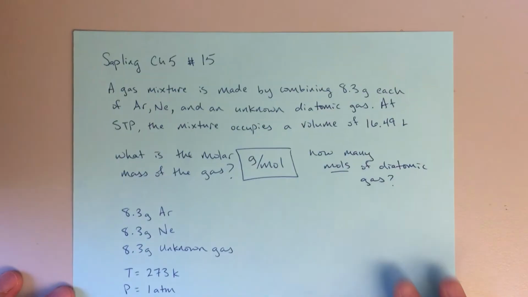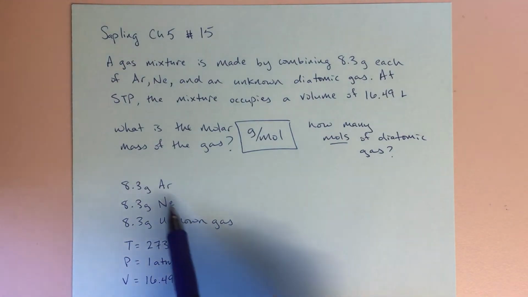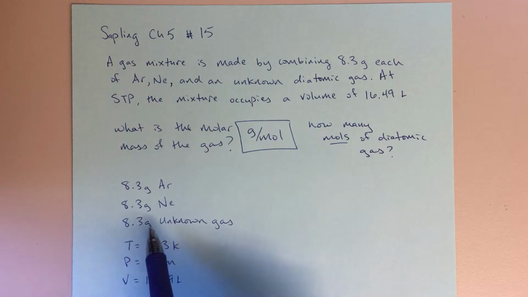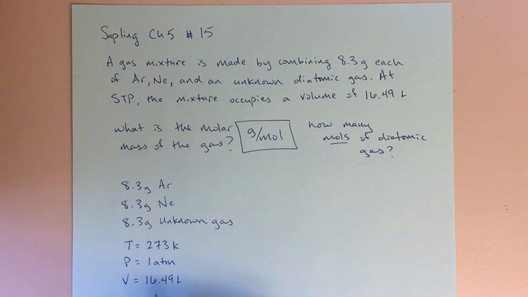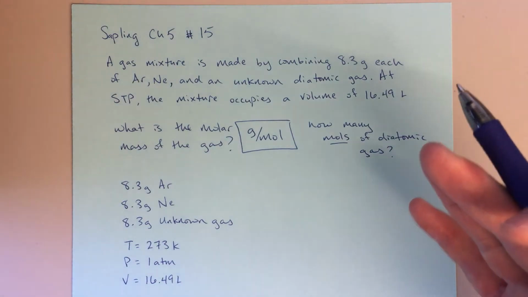So the next thing that I'll do is sort of organize all the information that I've been given. So 8.3 grams of argon, 8.3 grams of neon, 8.3 grams of my unknown gas, and then my temperature, pressure, and volume data here. Now, keep in mind at STP, according to Sapling, that's going to be 273 Kelvin. That's a little different than when we're talking about standard conditions for thermodynamics.